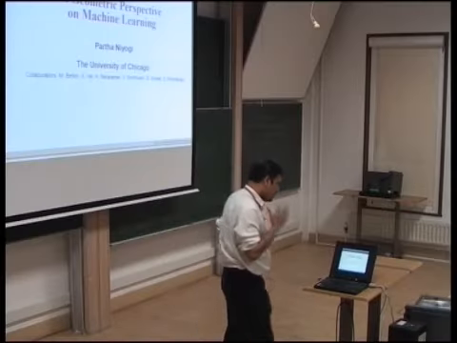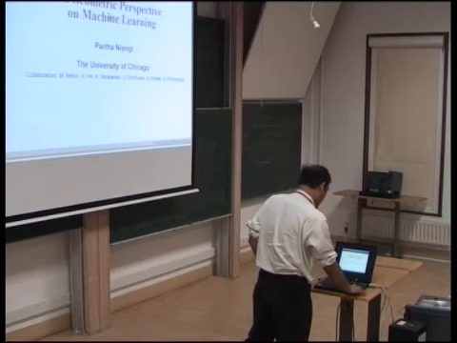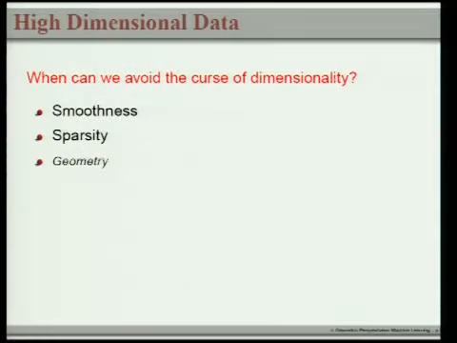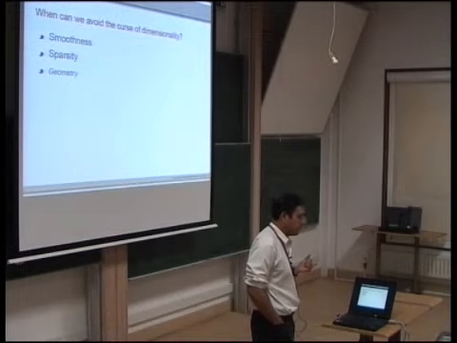Now, the context in which all of this arose is actually the context of high dimensional data analysis, which is the theme of this workshop. And increasingly we live in a world where we are confronted with large amounts of very high dimensional data, and a natural question to ask is, under what conditions is it possible to do effective inference without running into this so-called curse of dimensionality?